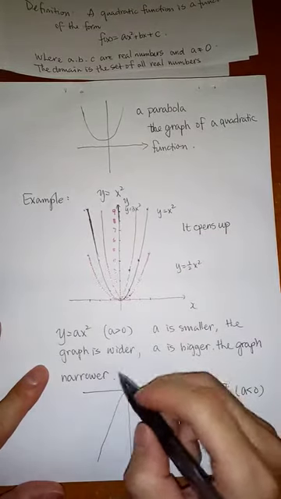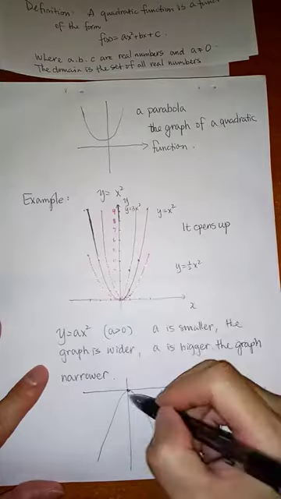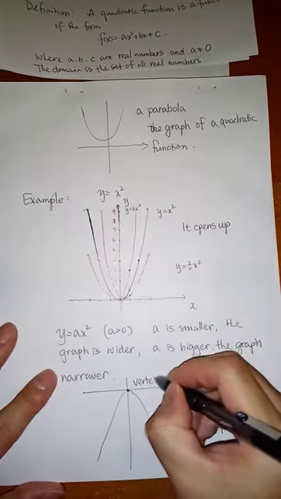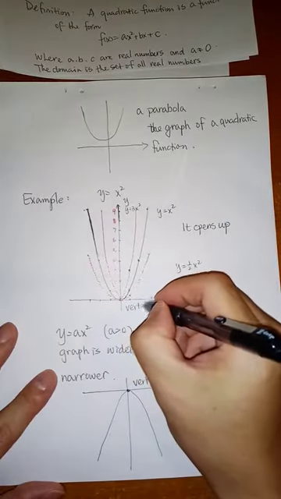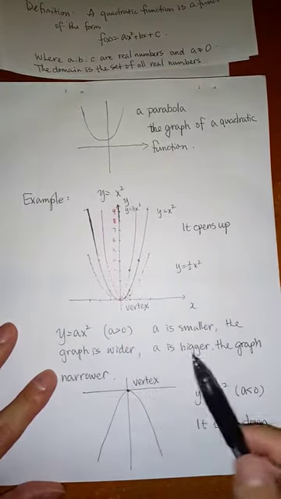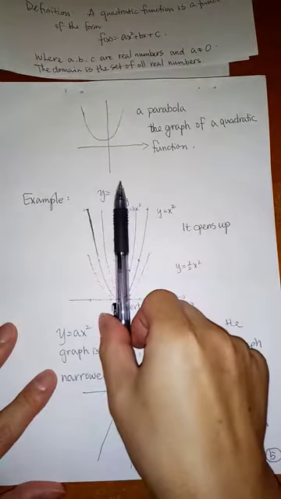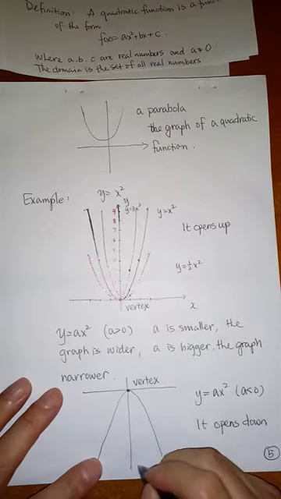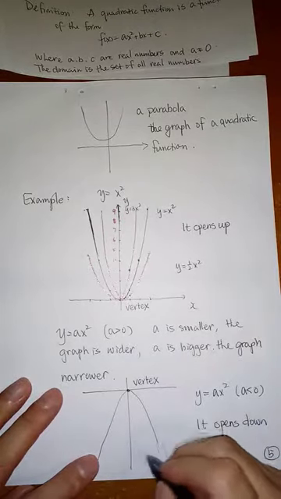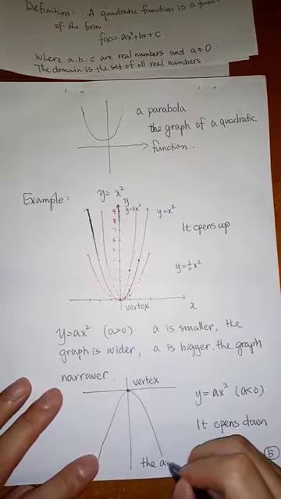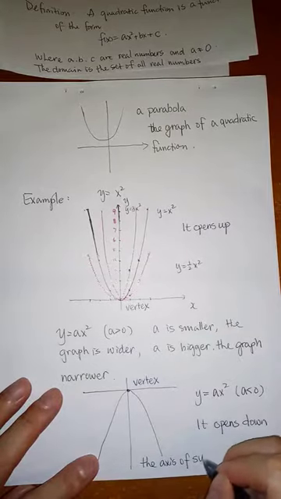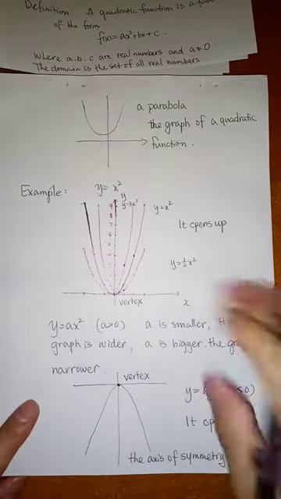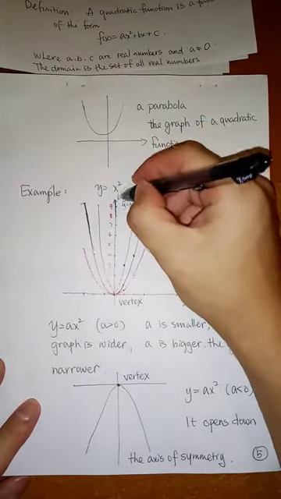It doesn't matter whether it's positive or negative, they are both called the vertex. And we can always see that the y-axis is the axis of symmetry. Here's the same thing, the axis of symmetry.